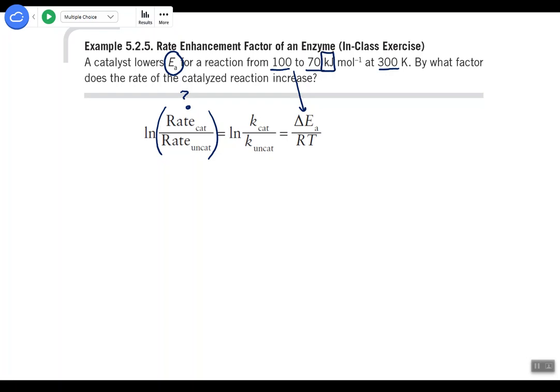We're going to pay attention to the units here and solve for the ratio of these rates. So the change in the activation energies, I'm going to move everything to joules to match the units of the gas constant. So 100 kilojoules turns into 100,000.